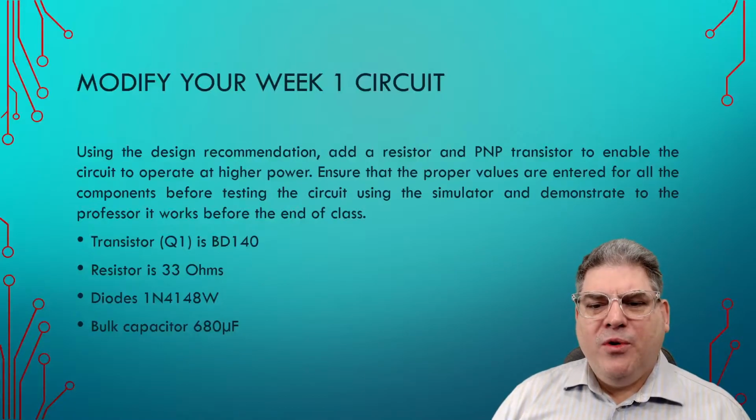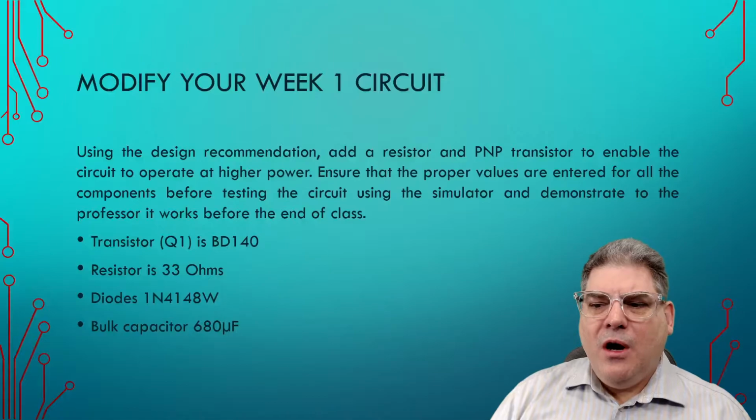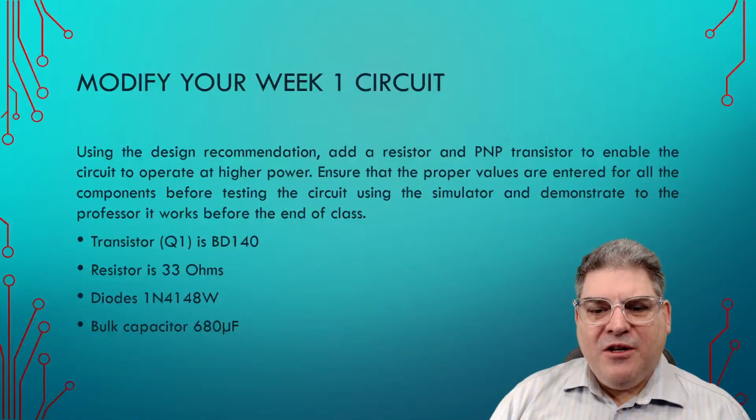And so what I want to do is, using the recommendation from the manufacturer, we're going to add the PNP transistor. We're going to add a resistor, and we're going to make sure that it is connected properly. We're also going to make sure that we did use the 1N4148W diode, because they're capable of delivering more power.